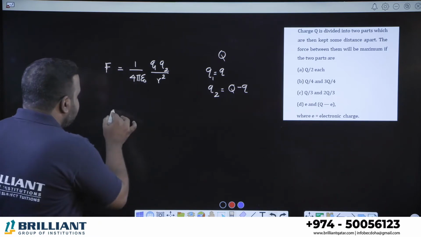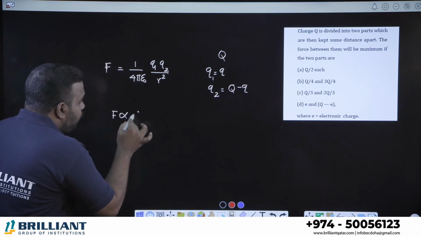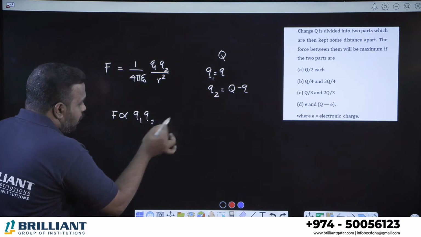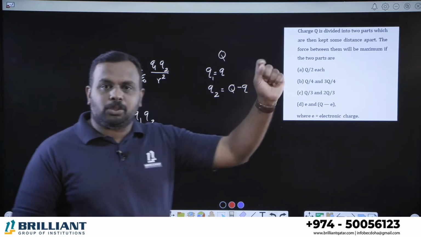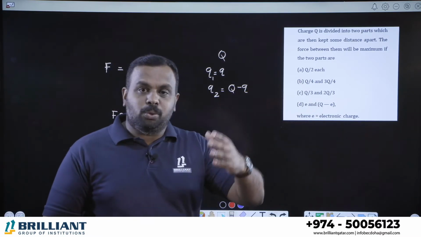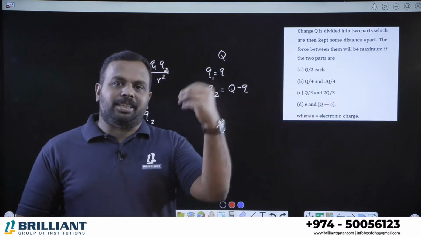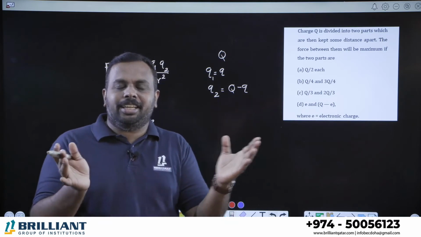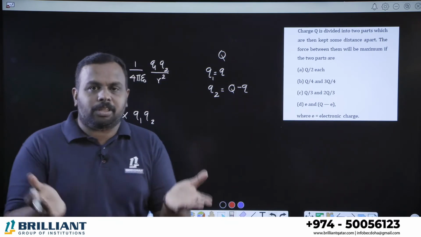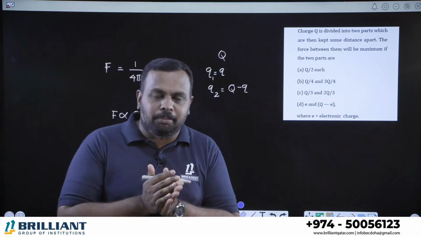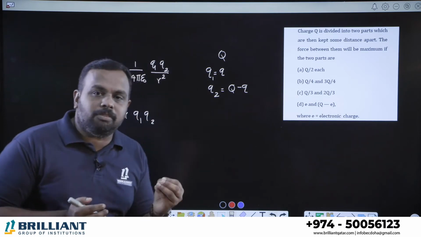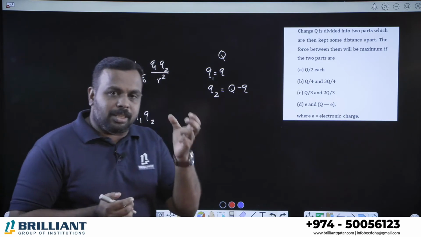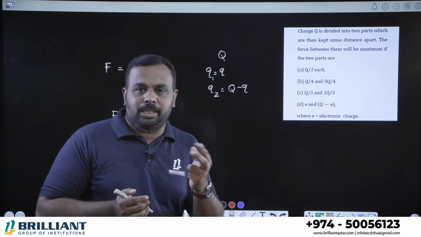You know that the force is directly proportional to the product of the charges Q1 and Q2, right? Force is maximum means the product has to be maximum. If you are dividing a number into two parts, you can take any example, you can easily understand, the product will be maximum if the given number is divided into two equal parts.